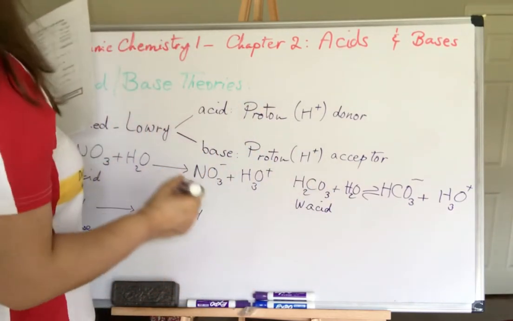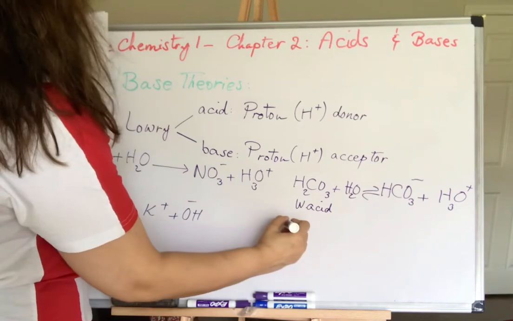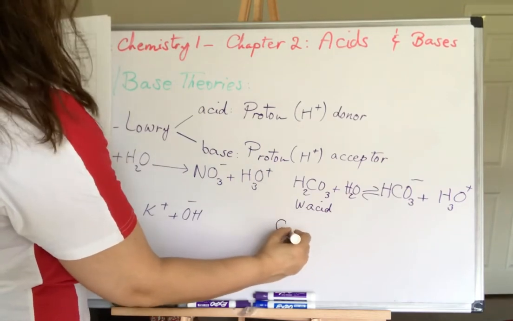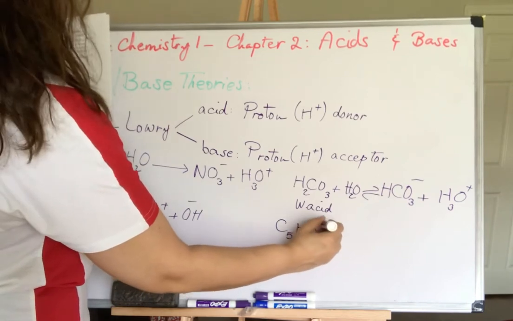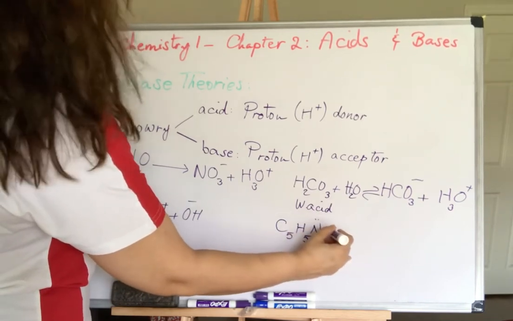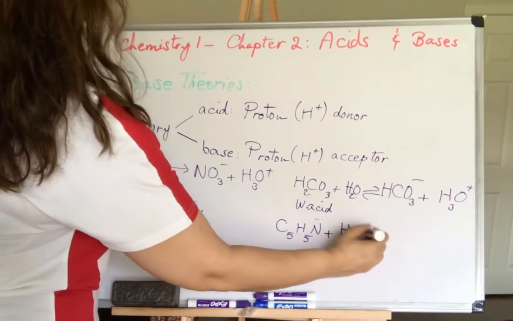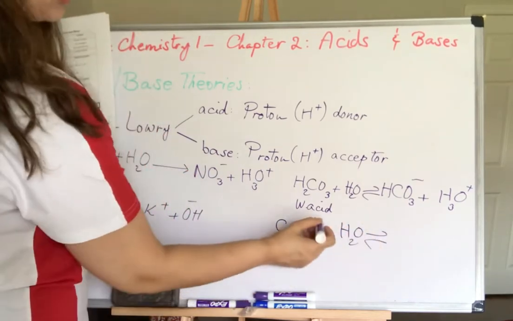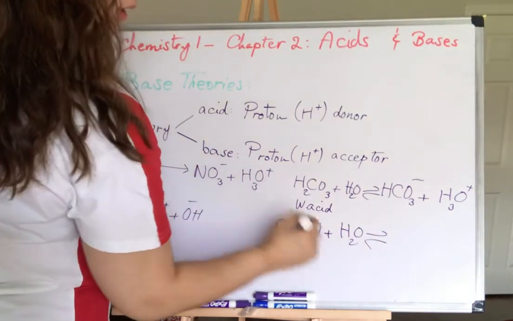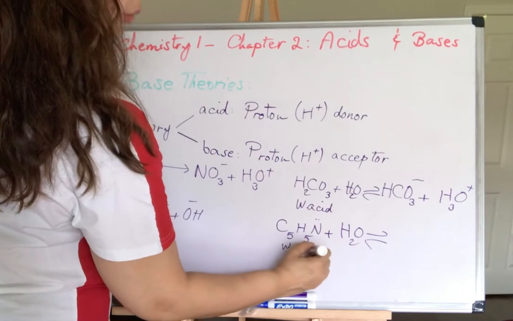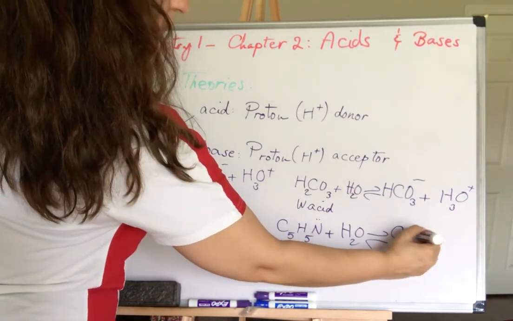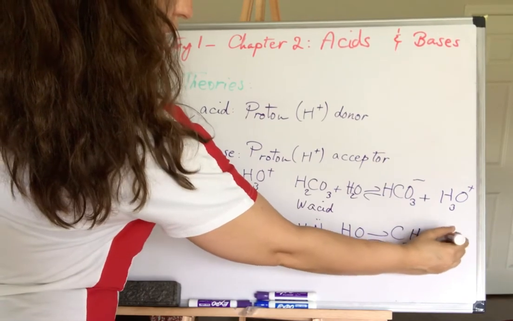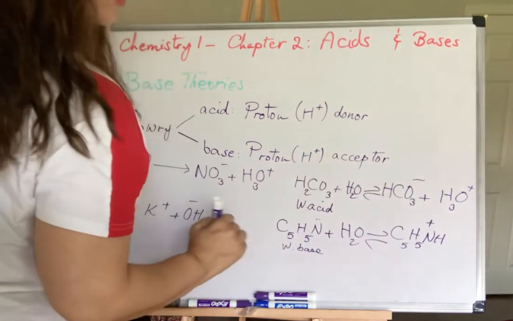And about the weak base, and you will learn in organic chemistry, nitrogen containing compounds, most of the times, 99.9% of the times, they are bases. So this weak base is going to accept a proton, C5H5NH positive.